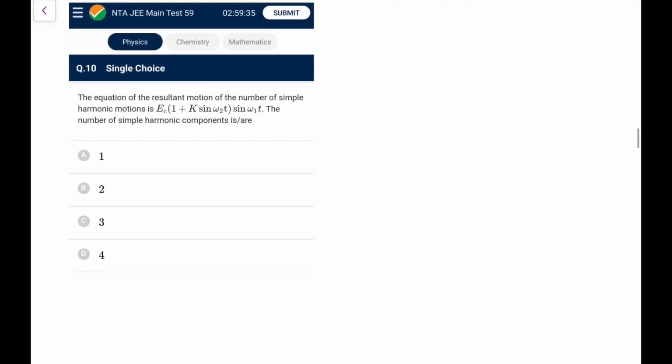Next, the equation is the equation of the resultant motion, the number of simple harmonic motions will be. So you know, for the resultant of 2 SHM, we had root A into sine of omega t plus phi. But here, this is definitely not going to be 2, it is definitely going to be more than 2. Why?